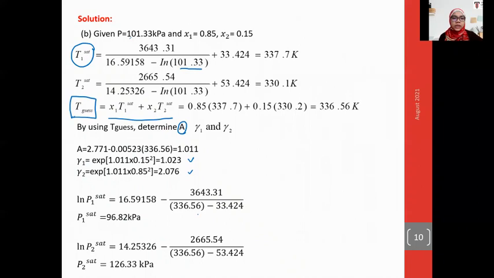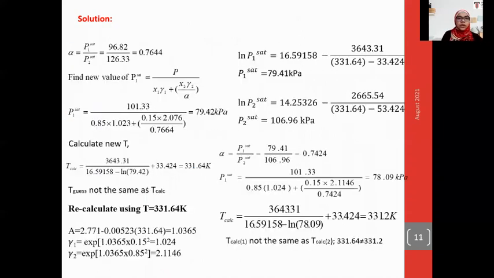Then you insert the value of T to get the saturation pressure for both species, and using this you can find the value of alpha. Inserting this, we can get the value of P1 saturation.